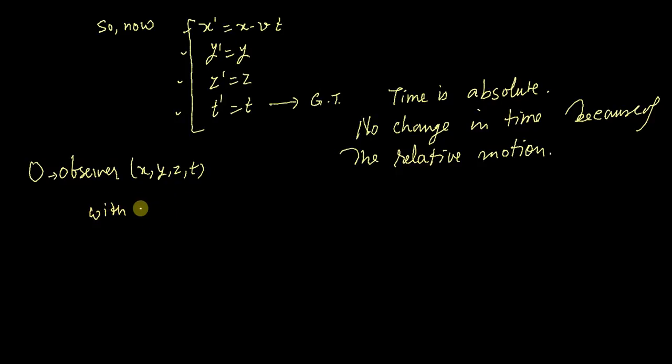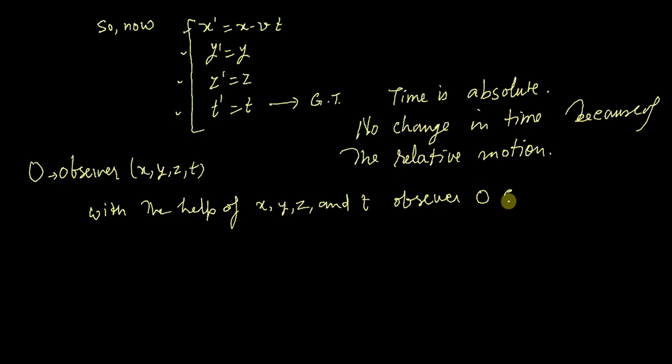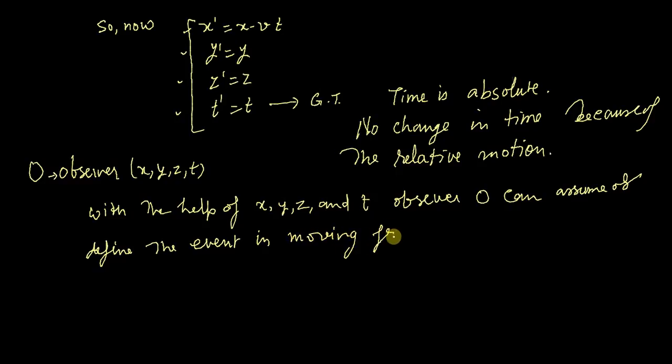With the help of x, y, z and t, observer O can assume or define the event in the moving frame, that is S prime, right?